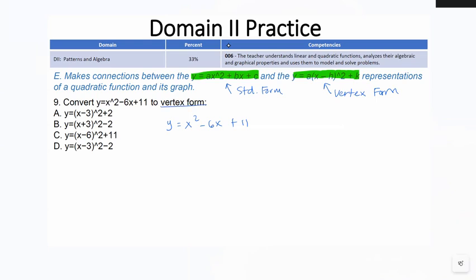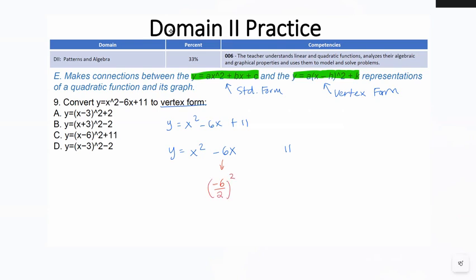All right, here we go. Let's rewrite this. So I'm going to rewrite y equals x squared minus 6x. Now the 11 I'm going to write a little bit further to the right, because I need to do the completing the square. The formula here: you take the coefficient, divide it by 2 and square.